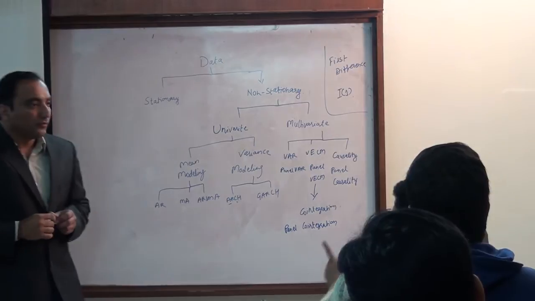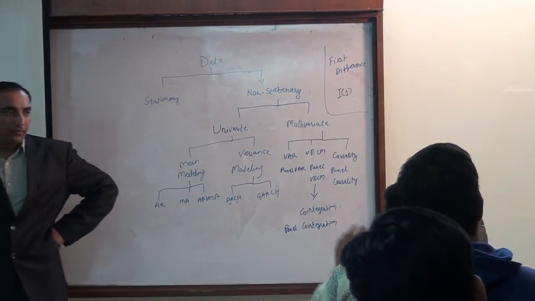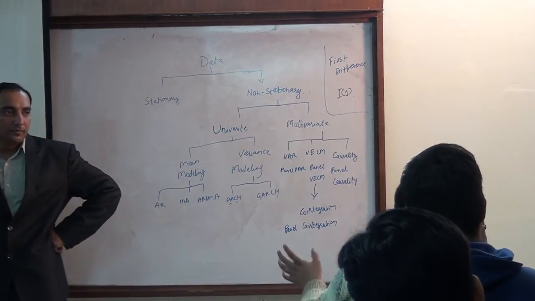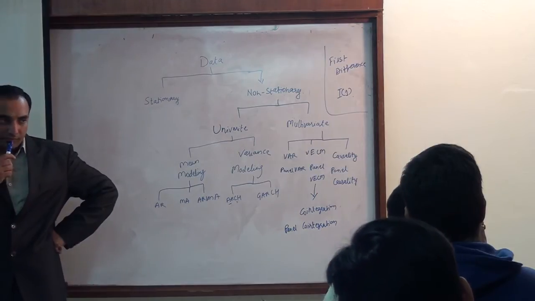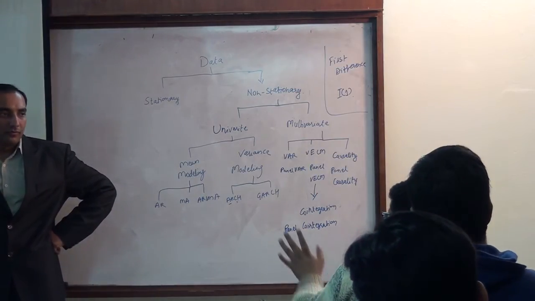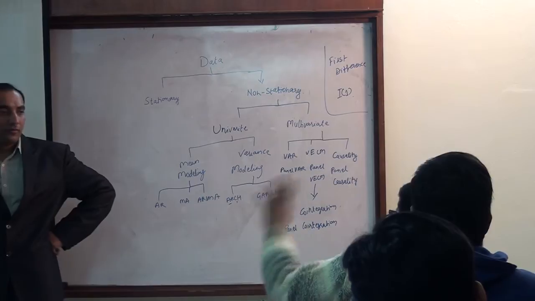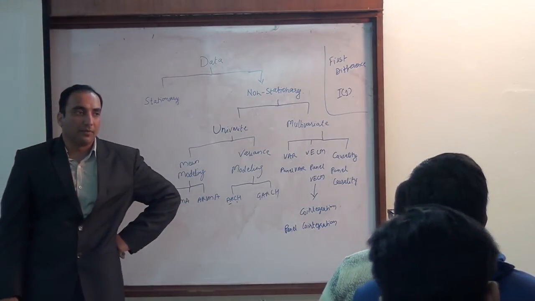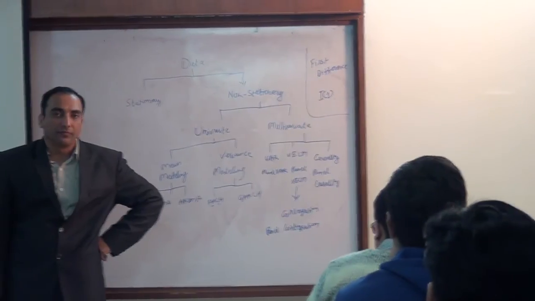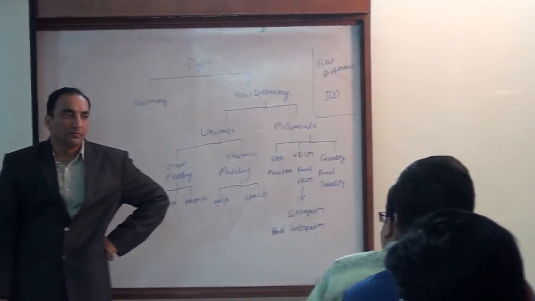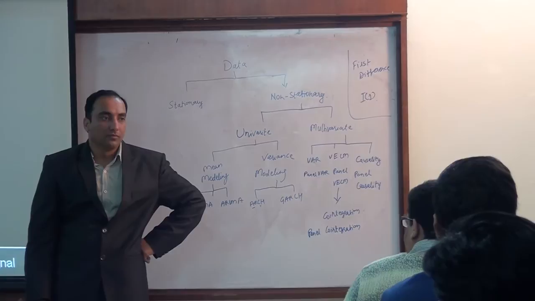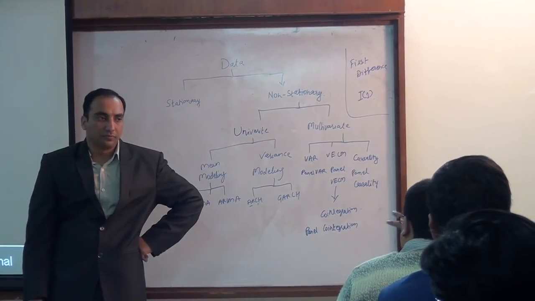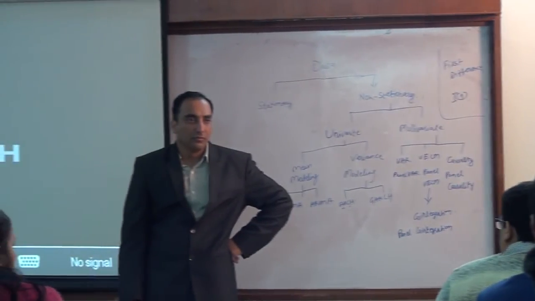Like yesterday, what we were talking about, suppose I take one example. If I am trying to find out determinants of capital structure, capital structure is my dependent variable and suppose there are 5, 6 independent variables. Now you said that before applying the model, we have to check for 4 things: stationarity, heteroscedasticity, multicollinearity and autocorrelation.